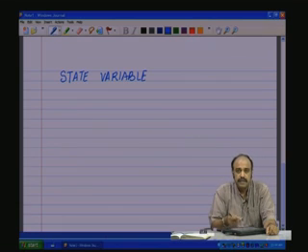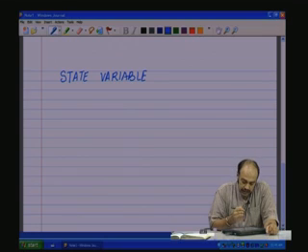So, the current becomes a candidate for being considered as a state variable. And in the case of the capacitance, which is a potential energy storing element, the voltage can be a candidate for being considered as a state variable.